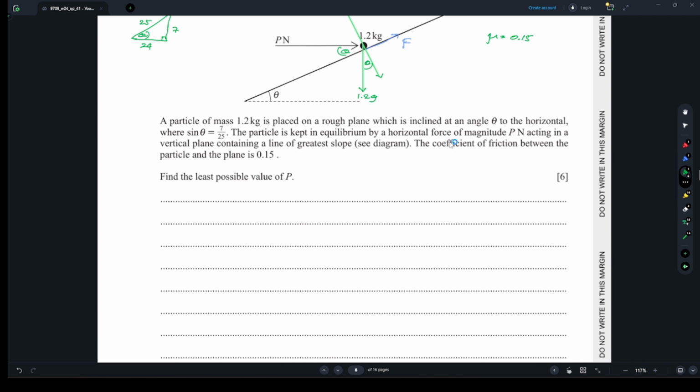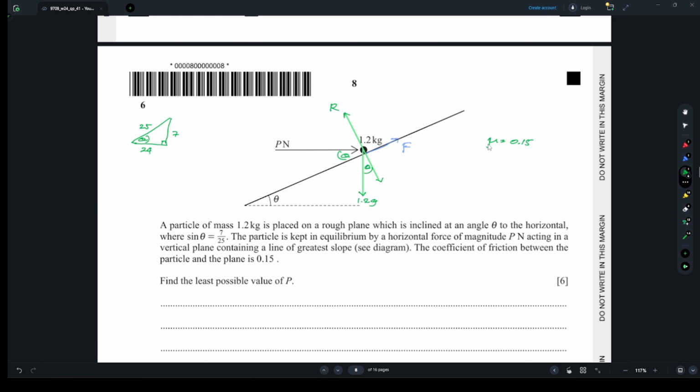Okay, so in that case, here I can write 1.2g cos theta, and also there is another component, 1.2g sine theta, of the weight. And then from this force P, we have upward along the surface a component P cos theta.